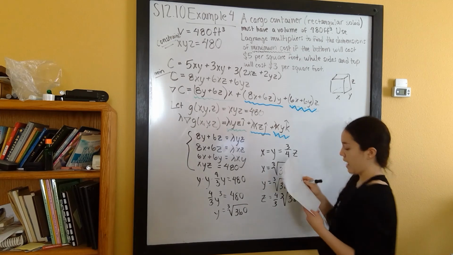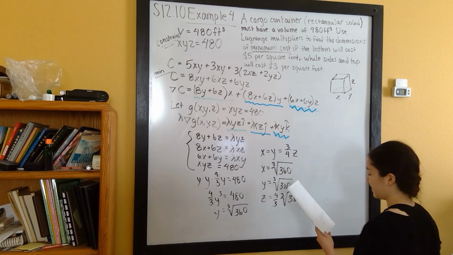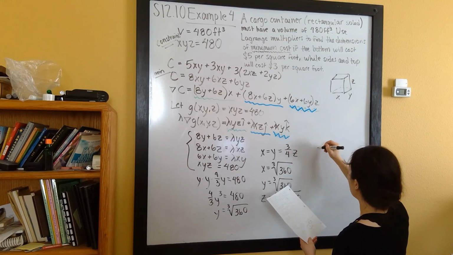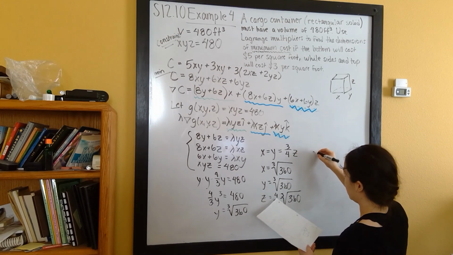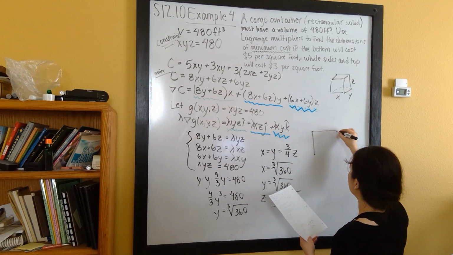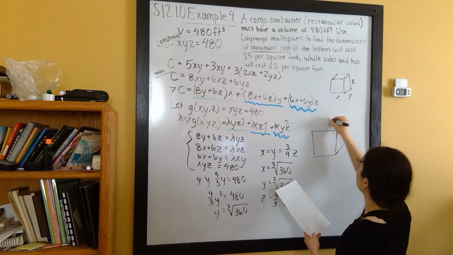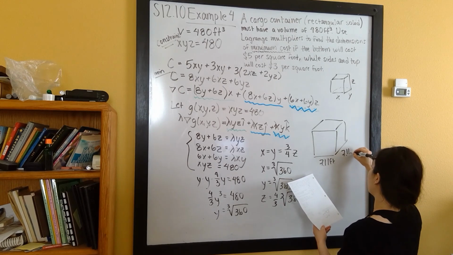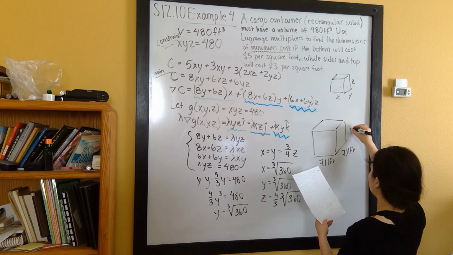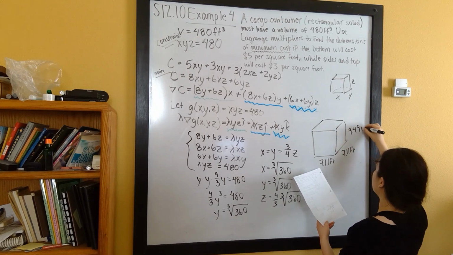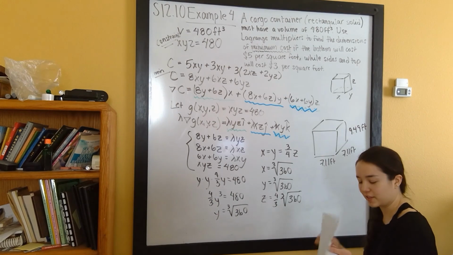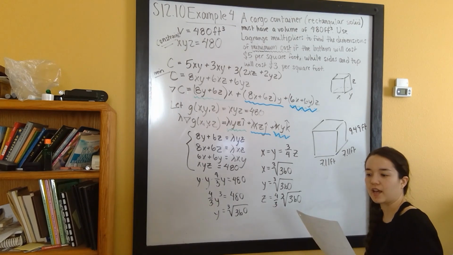So in actual numbers, if I plugged it into my calculator correctly, the box would be approximately 7.11 feet by 7.11 feet by 9.49 feet. So there we have it. We have solved out an application problem.